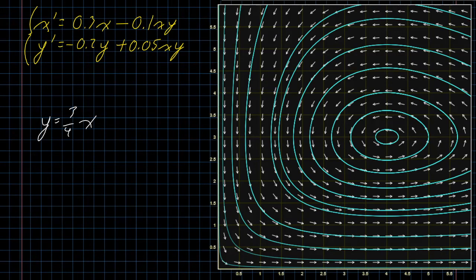I see that at 0, 0, I have what is looking like a saddle point to me. At 0, 0, things suddenly shift from the population of foxes dropping to the population of rabbits growing. And that makes quite a bit of sense.